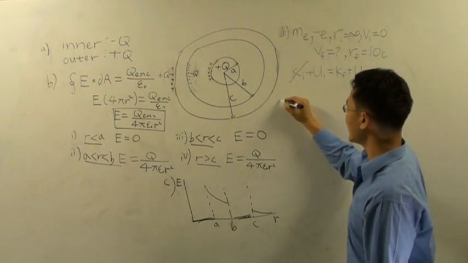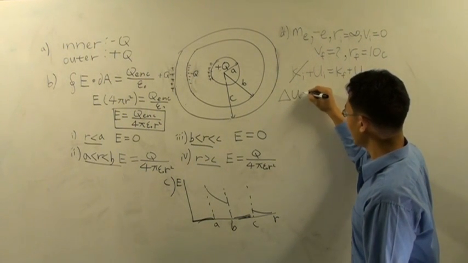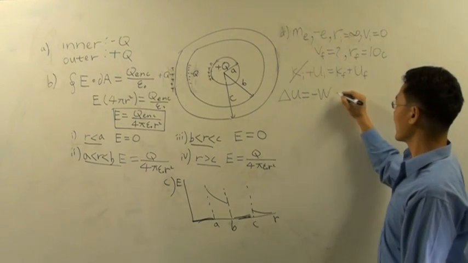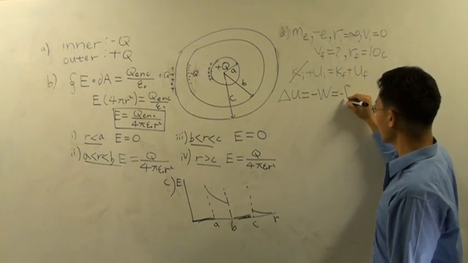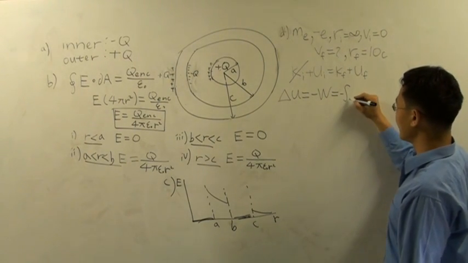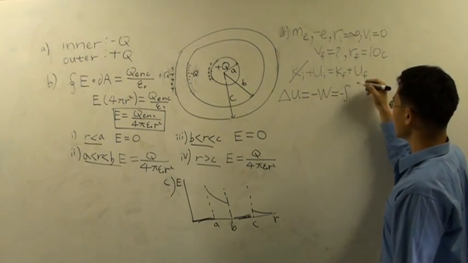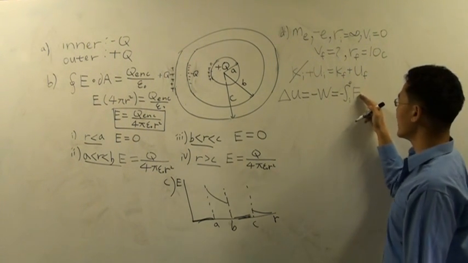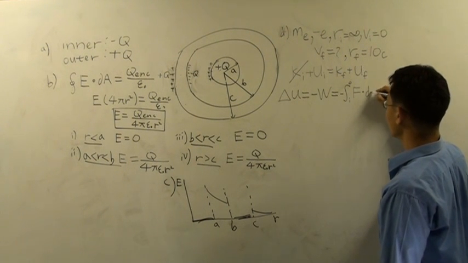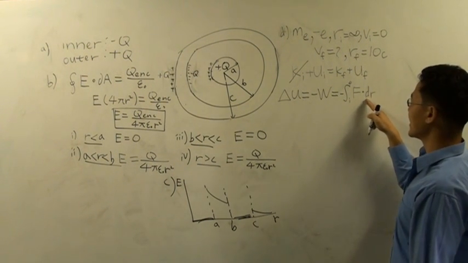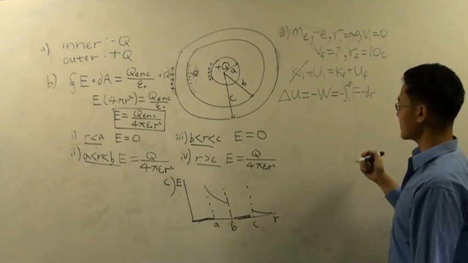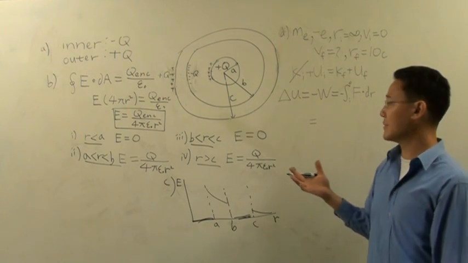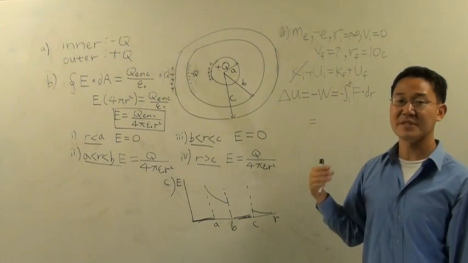The change in potential energy is given by minus the work. Work is given by the integral, from the initial distance to the final distance, of the force that's acting on the electron with respect to the distance through which this electron travels. Force for an electron, or any charge, is given by the electric field times its charge.